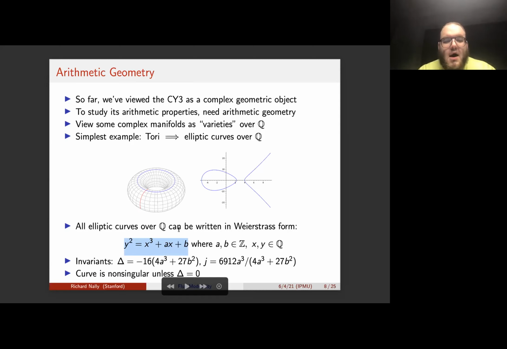Okay. And so from a Weierstrass form like this, you define two important invariants, the discriminant delta, which is basically 4a cubed plus 27b squared, and the J invariant, which is a cubed over 4a cubed plus 27b squared.